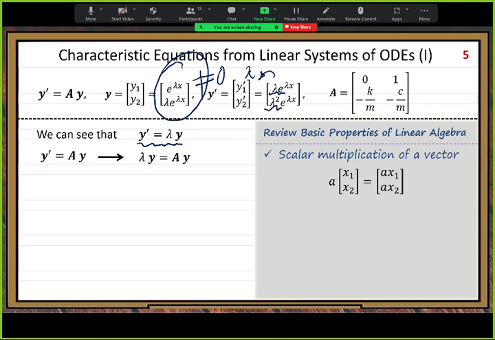All right. In order to work on this new linear algebra equation, first let's move everything to one side: Ay minus lambda y equals 0. We just move some terms, so that's legal.